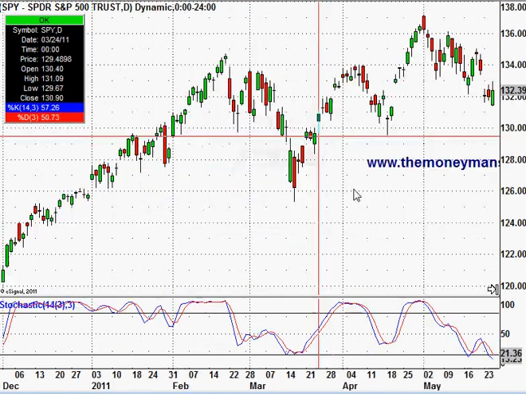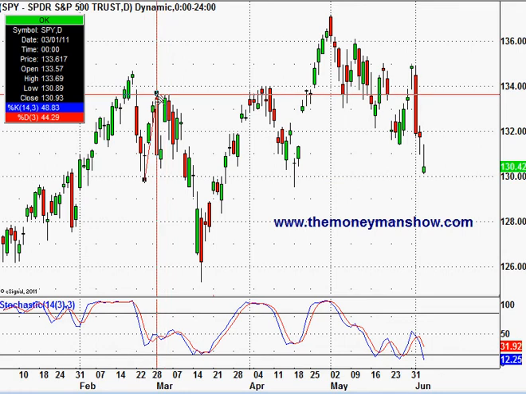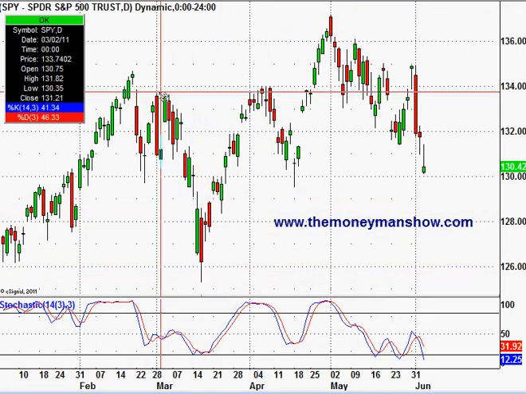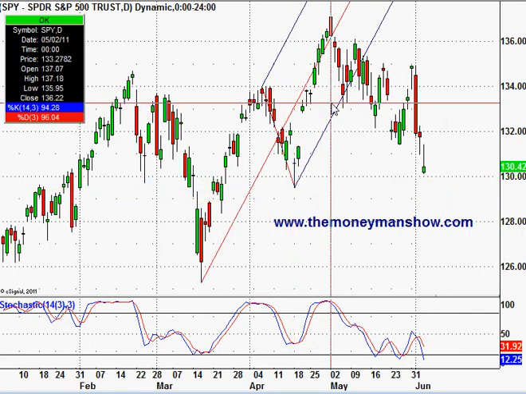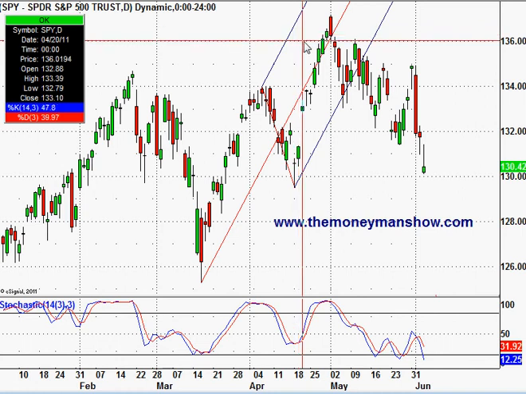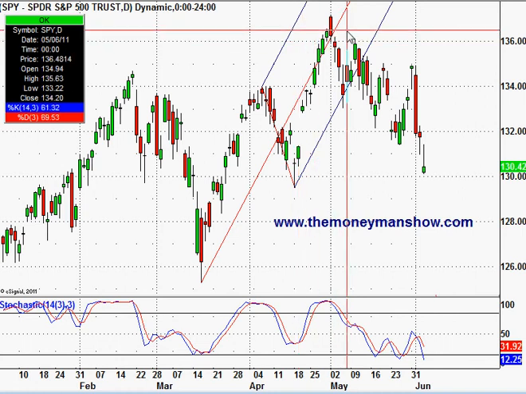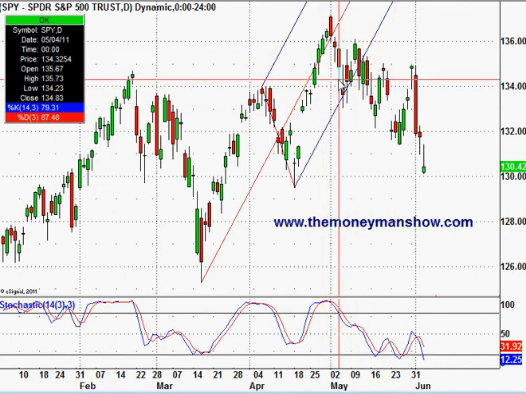However, if you make an upward channel like this, for example, it would mean that if you are on the left side, you are on the fast lane, meaning that you are going up in a more powerful way, and when you cross to the right side, it means that you are slowing down the pace of the upward move, and probably even inverse the move, just like it happened here.